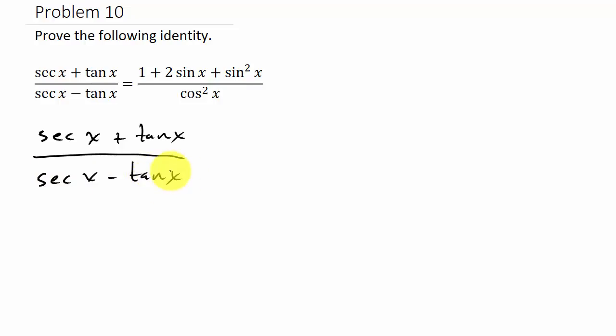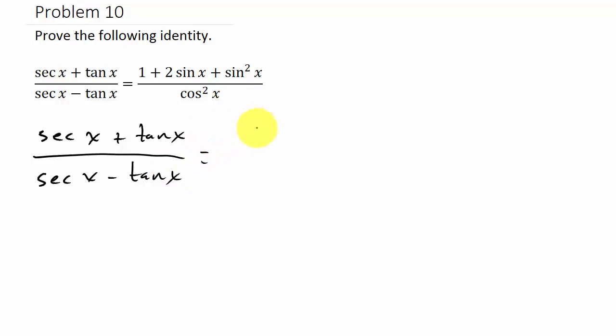All right, so let's see what we can do here. Just thinking about it, when you don't really see anything to do, try rewriting everything in terms of sine and cosine, and let's see what happens.